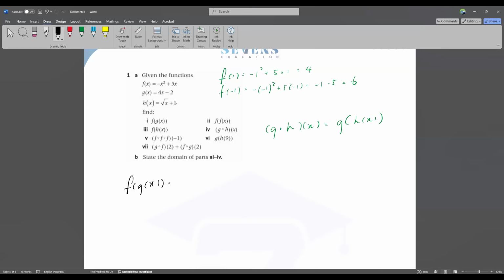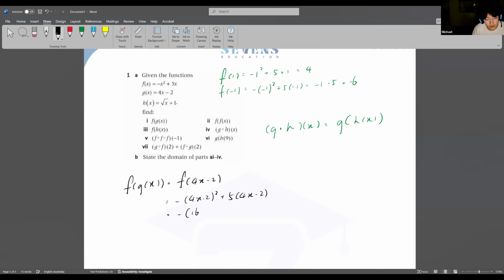I substituted into it. Since g is 4x minus 2 and f is negative x squared plus 5x, I did negative open brackets 4x minus 2 close brackets squared plus 5 open brackets 4x minus 2 close brackets. After that I expand it, and it is a squared, 2ab, and then b squared, right?